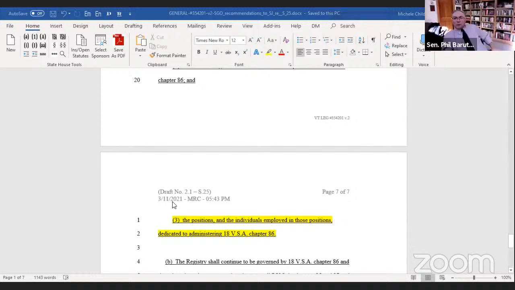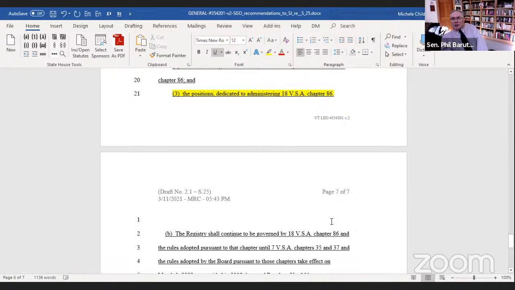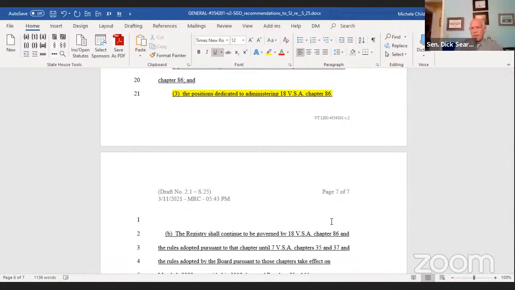I was wondering about it too. It's expressed very simply here, but it seems more complicated. I'm just wondering, they would then work for the board? Yeah. But where does the board sit in the administrative org chart?